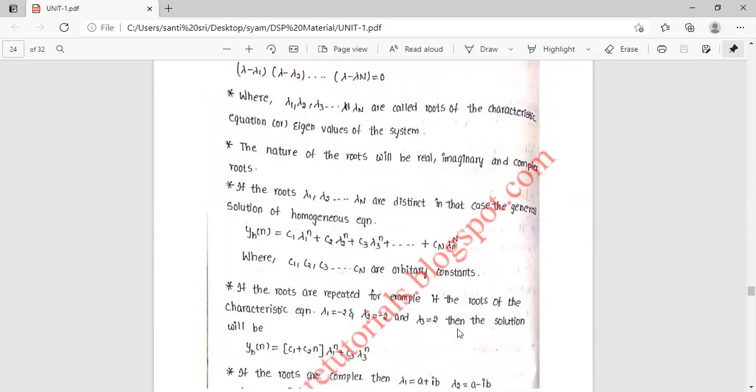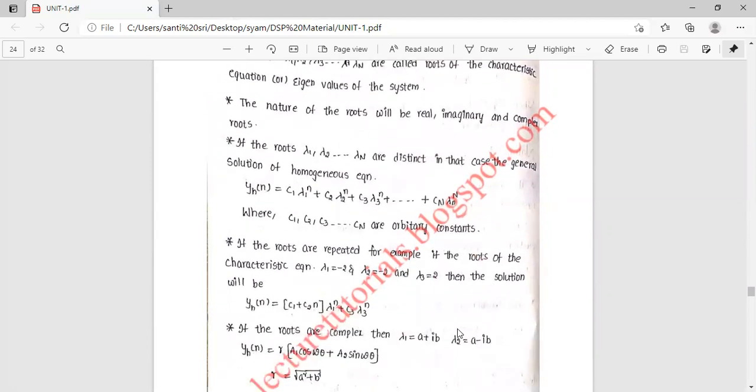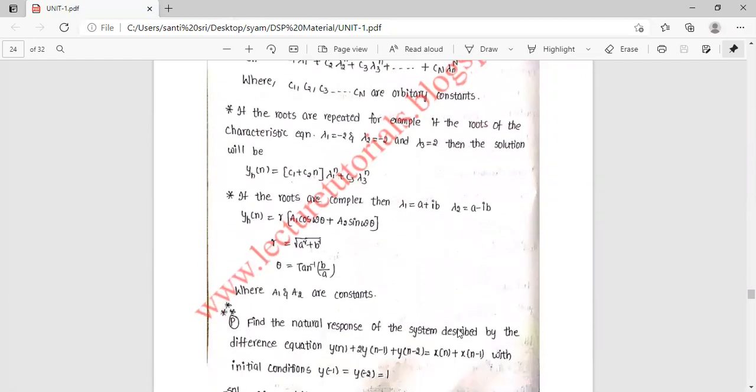Depending upon the conditions, if the characteristic roots are the same, or if the roots are imaginary or complex, then what will be the solution? These are the solutions.